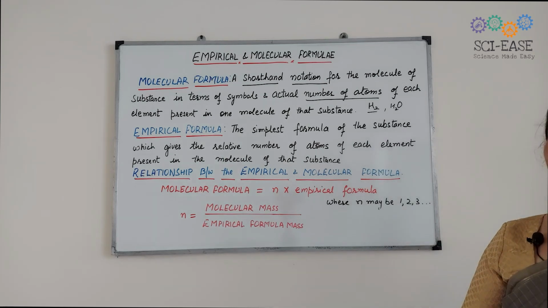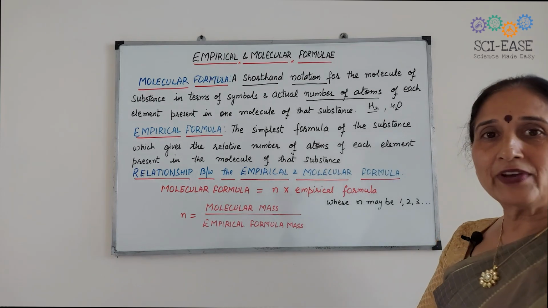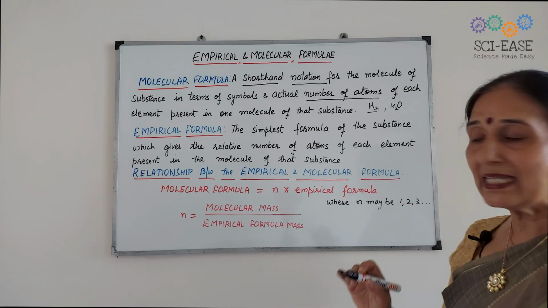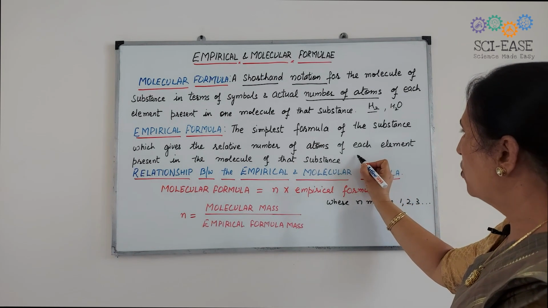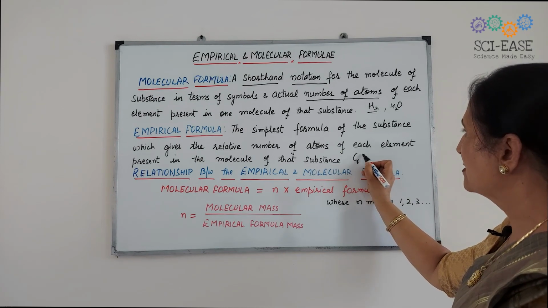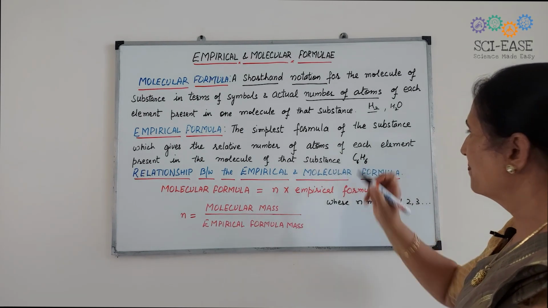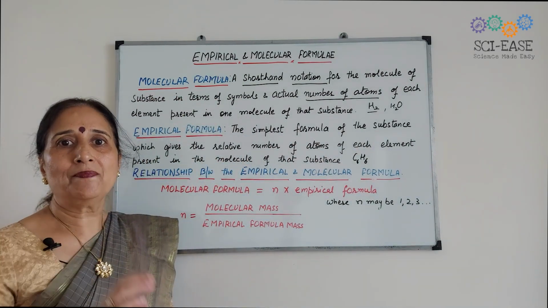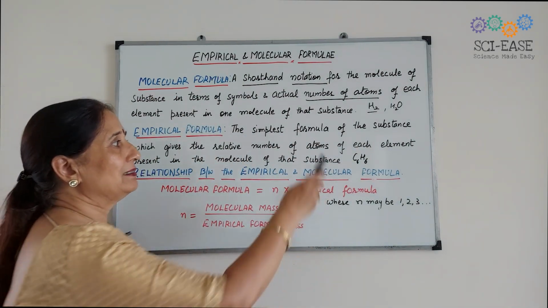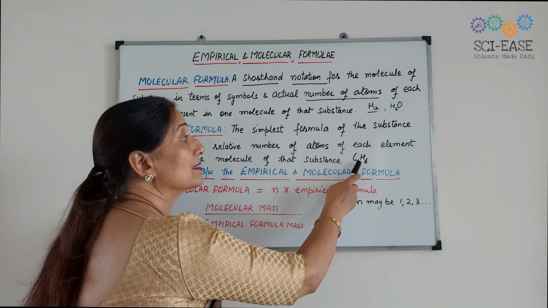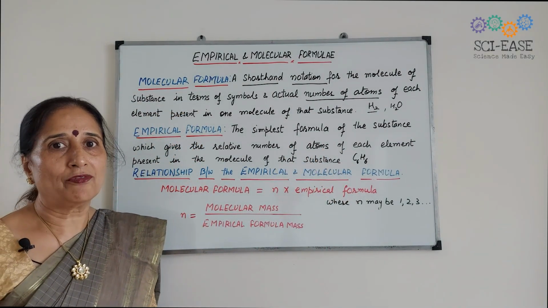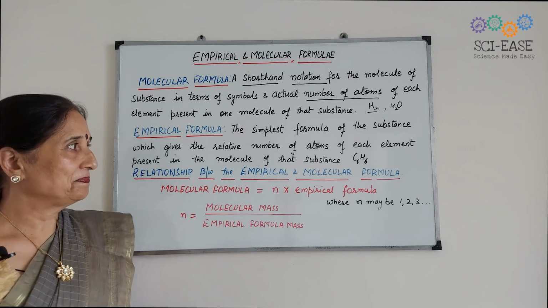The thing will become more clear to you by taking a very simple example. You must have heard about benzene. It has the formula C6H6. So when we talk about the molecular formula, we will tell that benzene has 6 atoms of carbon and 6 atoms of hydrogen in it.